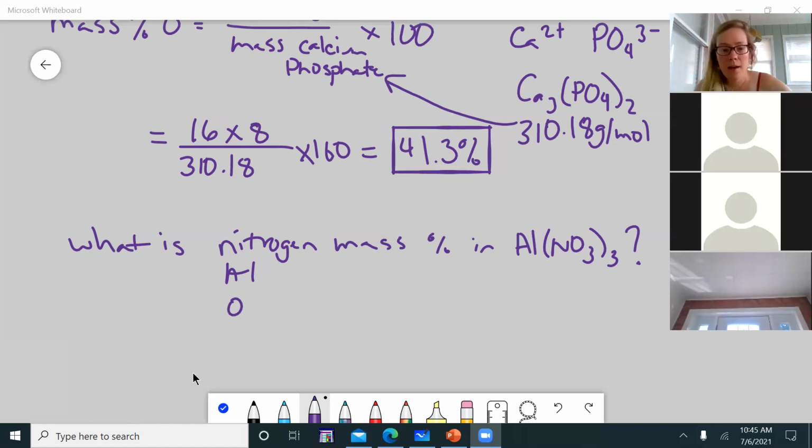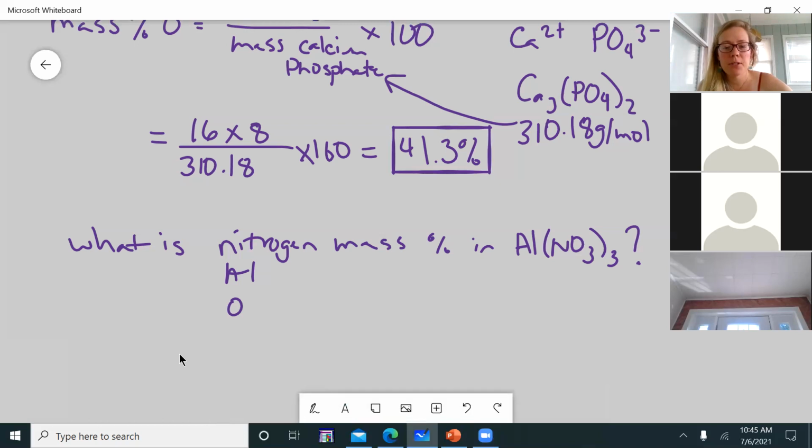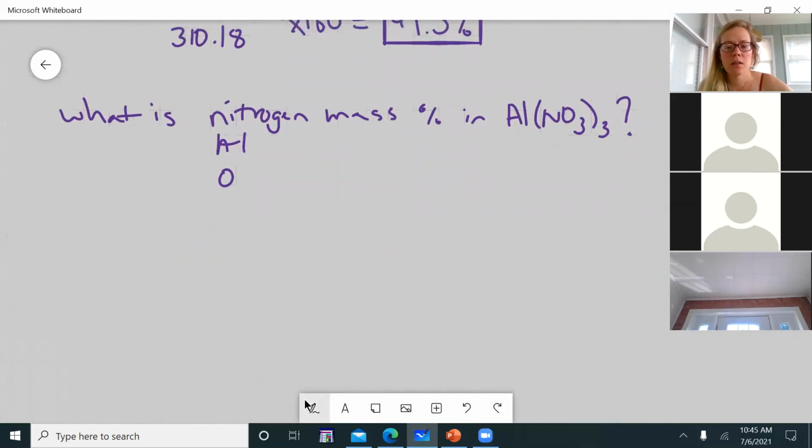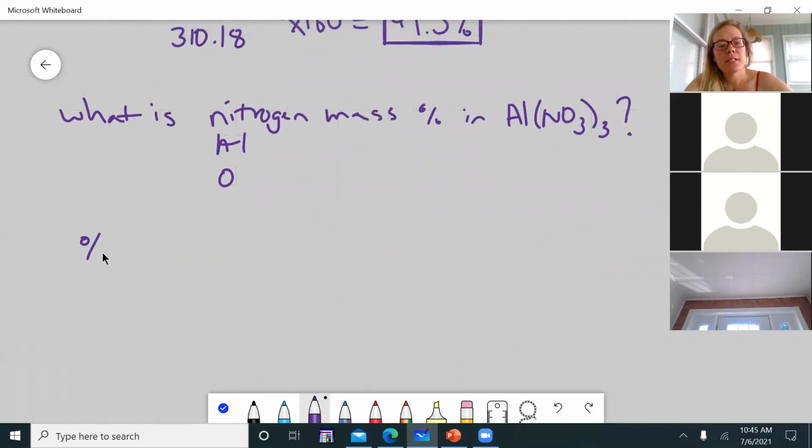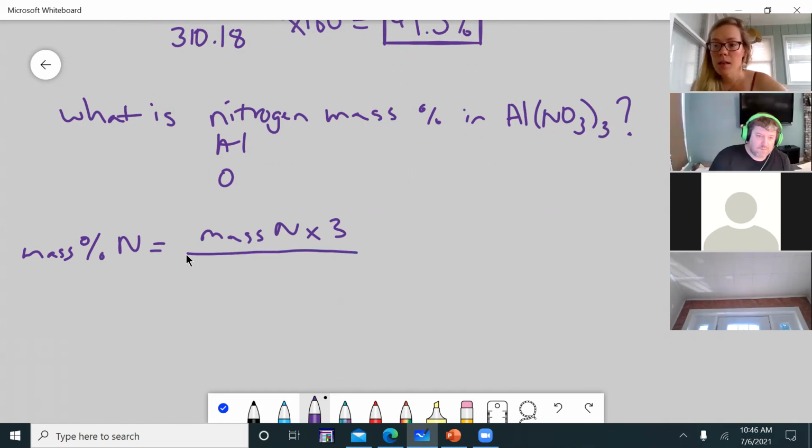Okay, so we're going to figure out the mass percent for each of these. So the mass percent of nitrogen is going to equal the mass of nitrogen times 3, because we've got 3 of them within this, and then divided by the compound's mass.